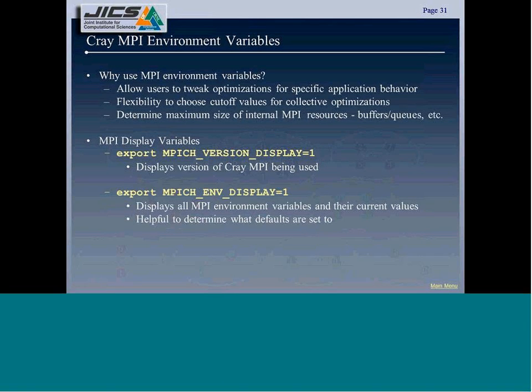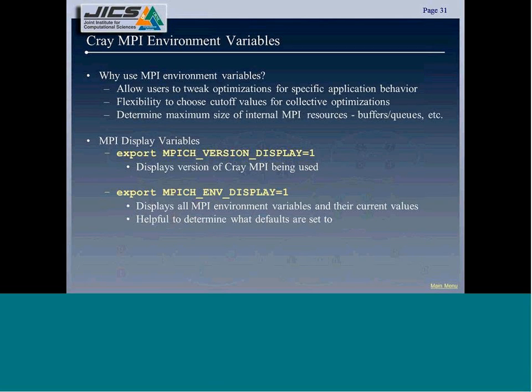So there are internal numbers in every MPI implementation that you should be aware of, especially when you run into some troubles running your code. So you want to be able to see what those values or buffer sizes are and be able to modify them.